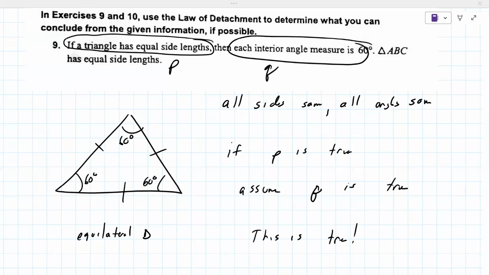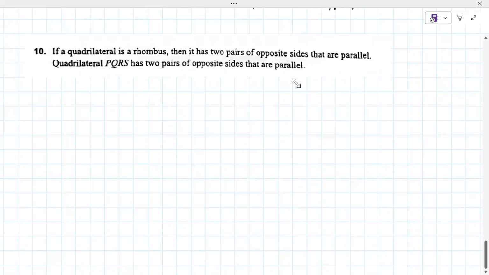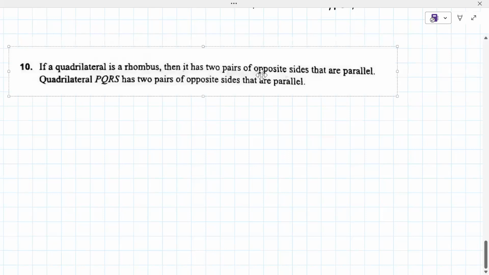So 10 is more problematic because it says if a quadrilateral is a rhombus. So that's your first part.